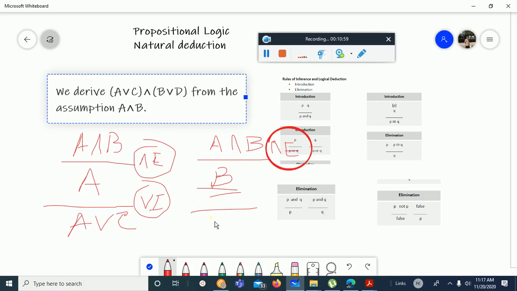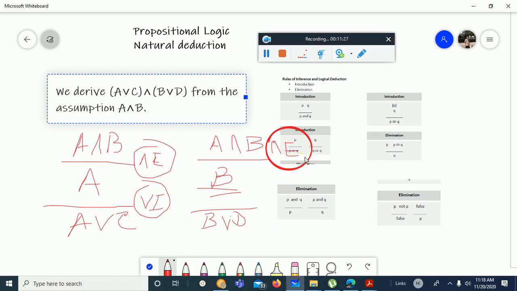We have B, and so from B we can write B or D according to our requirements. B or D. B is a statement and D is a statement.